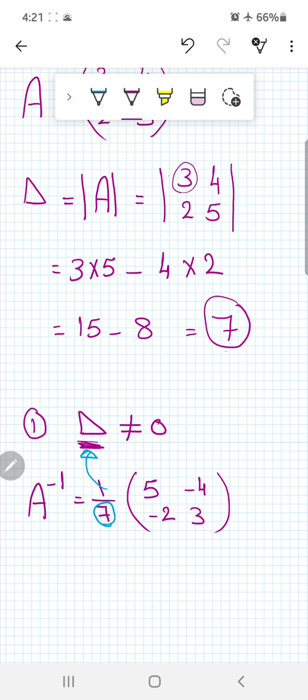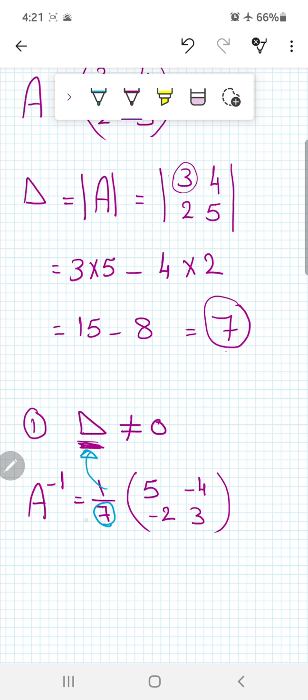Okay, so to get the multiplicative inverse of a matrix, first get delta and check that the value of delta is not equal to 0, because in the rule, 1 over 0 has no meaning. Okay, then write the matrix, exchange the main diagonal and change the sign of the other diagonal.